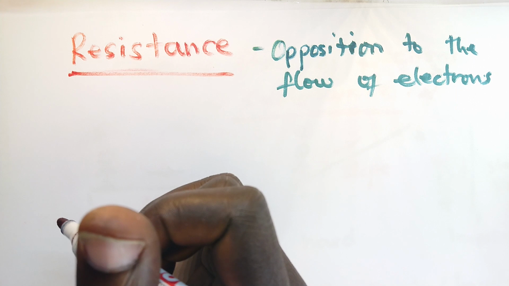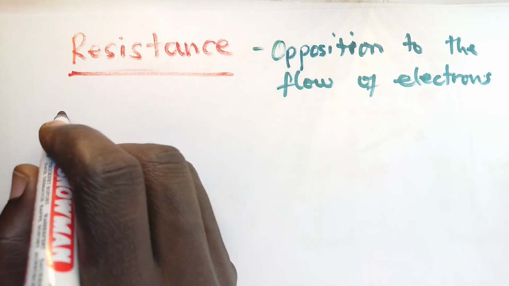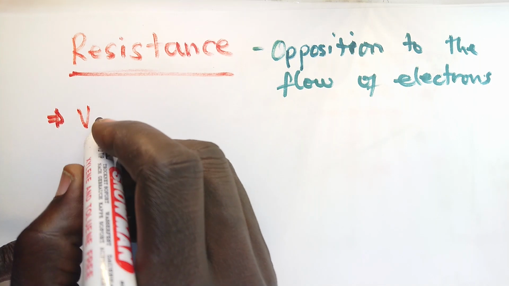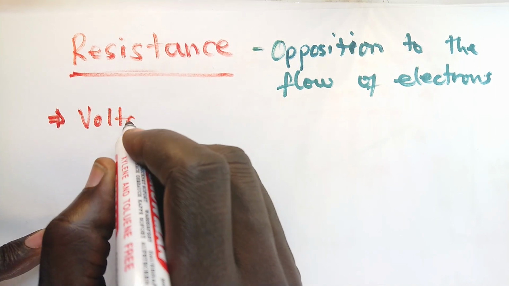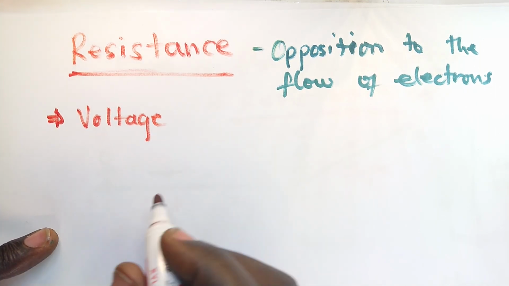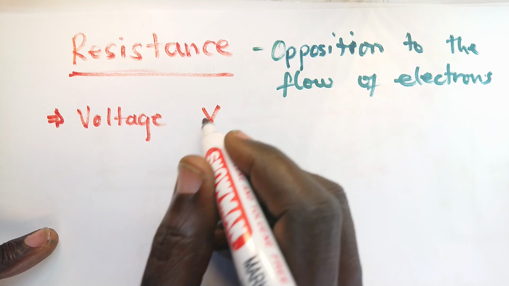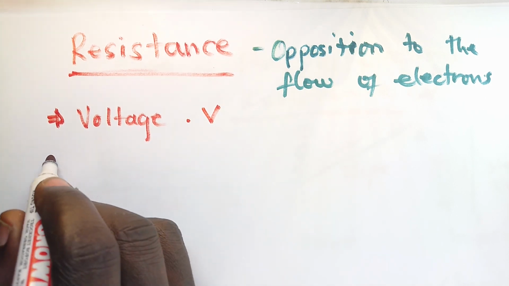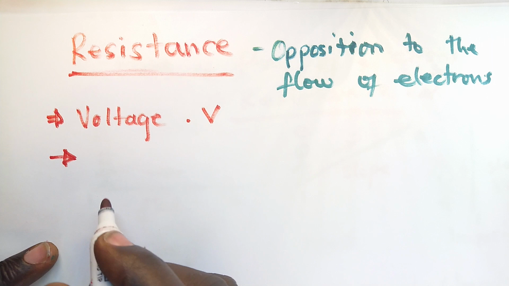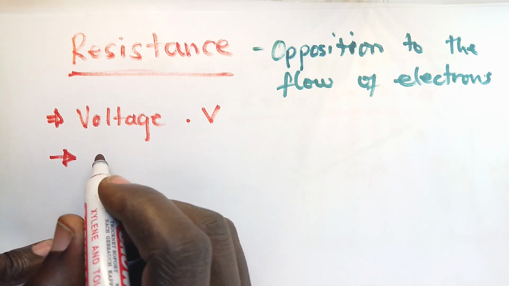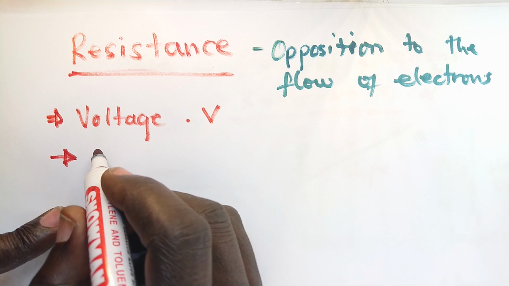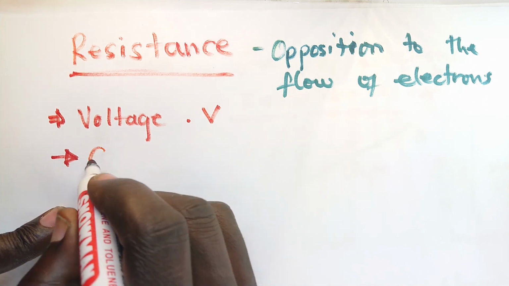The next thing that I wanted to tell you is, remember I had told you earlier that for electrons to flow we need a source of energy or a potential difference, which is voltage, and we could call it V. And then we said electricity is the flow of electrons, and we tend to call it current.